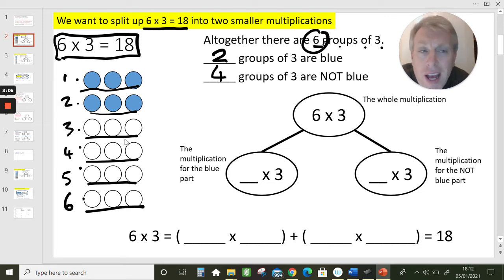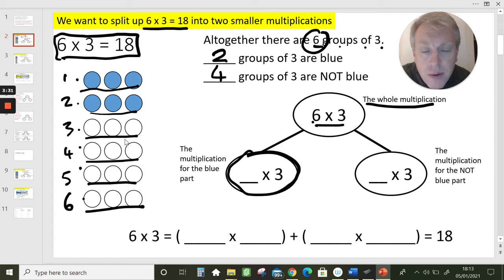and we can draw it in a part-whole diagram like you learned to do in Year 1 and Year 2 and Year 3. Look, at the top we have the whole multiplication, 6 times 3. I've written 6 times 3, 6 groups of 3. This side, this is now one of the parts over around here. So in this part, we have written the multiplication.